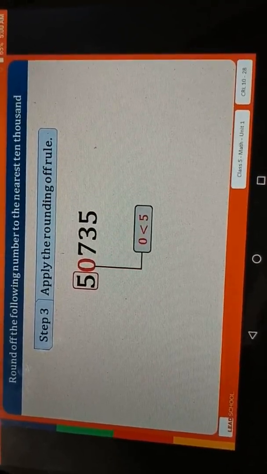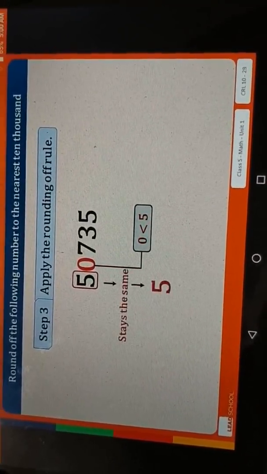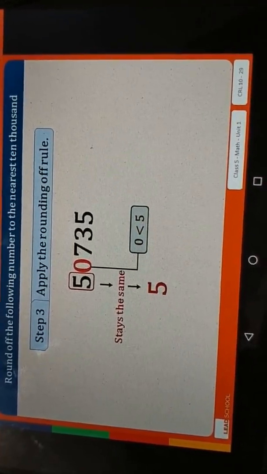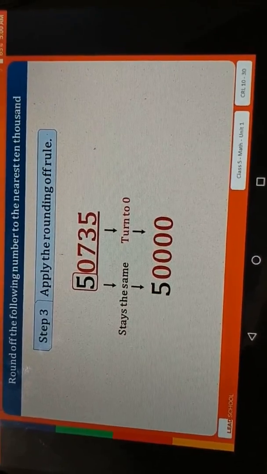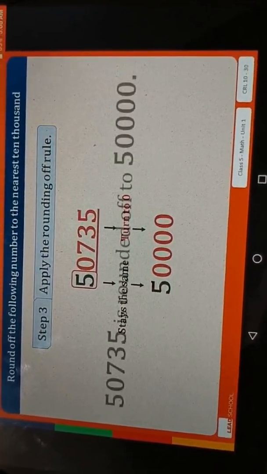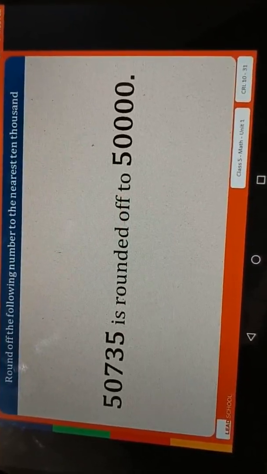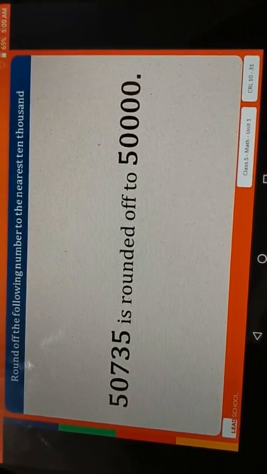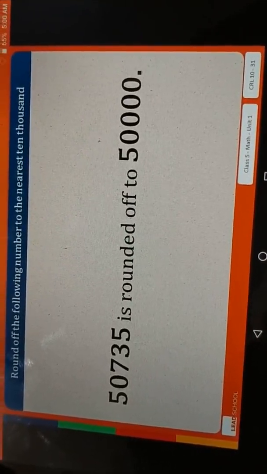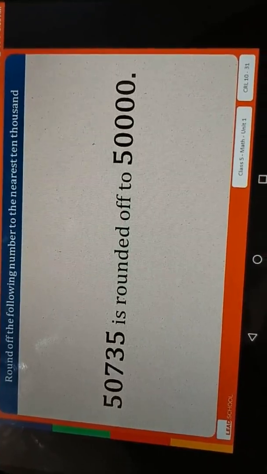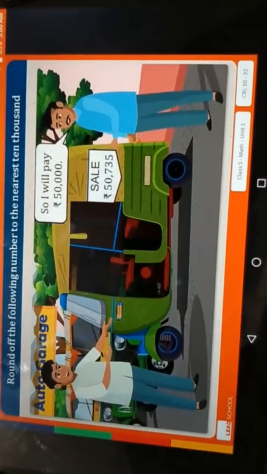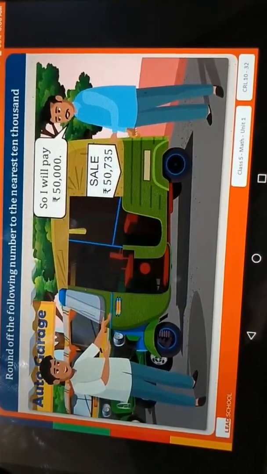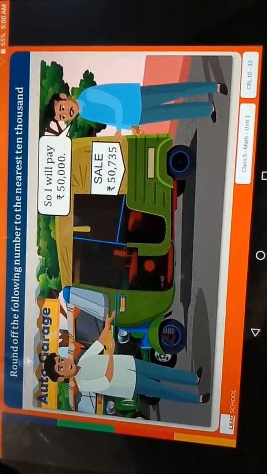Since 0 is less than 5, we will keep the rounding off digit the same, and all other digits to the right will become 0. Therefore, when 50,735 is rounded off to the nearest 10,000, we get 50,000. So, Ramu uncle will pay rupees 50,000 for the auto.